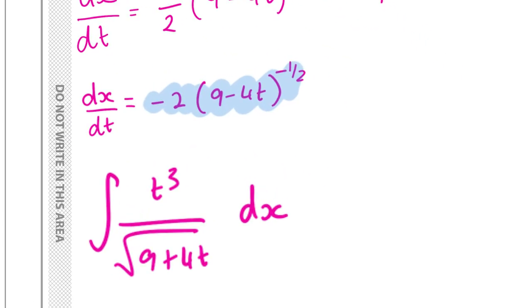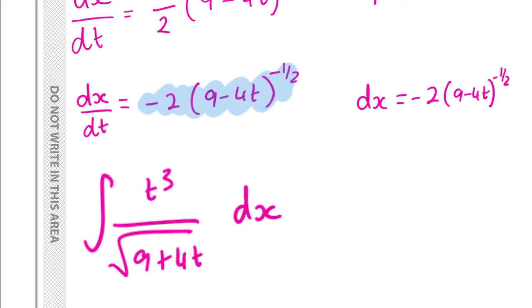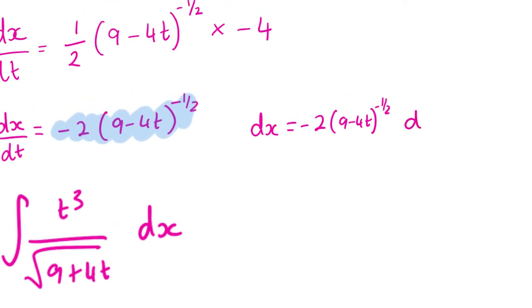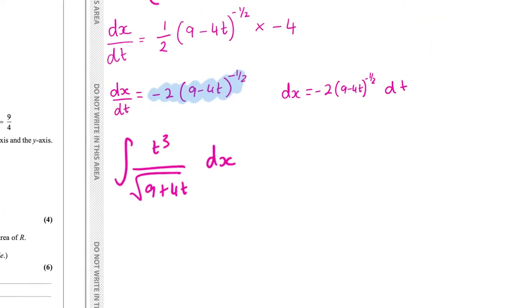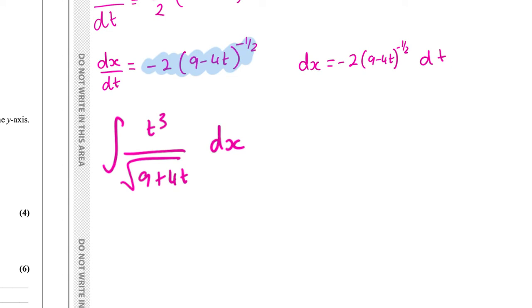So what does dx equal? dx equals minus 2 (9 minus 4t) to the negative a half dt. So this is what I'm going to substitute in instead of dx.